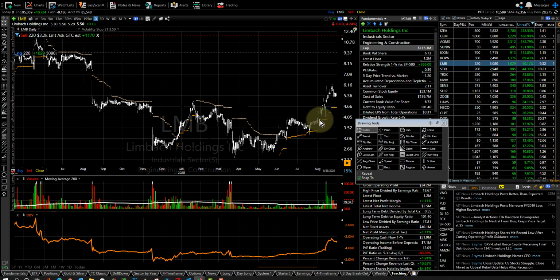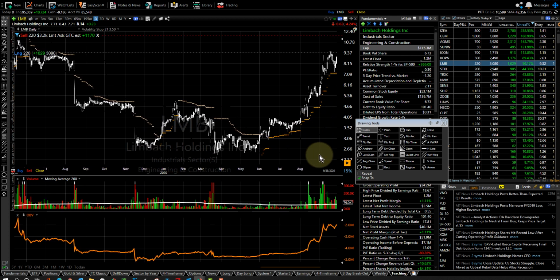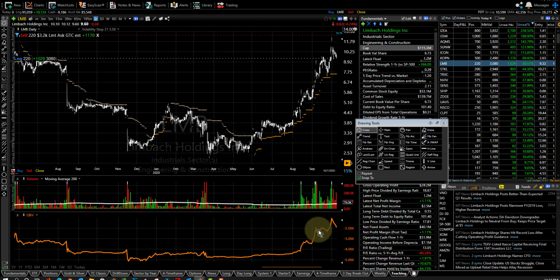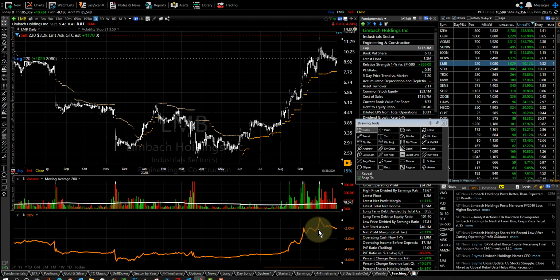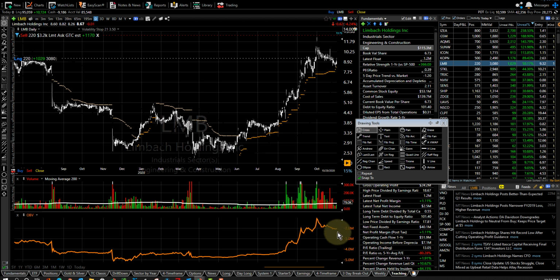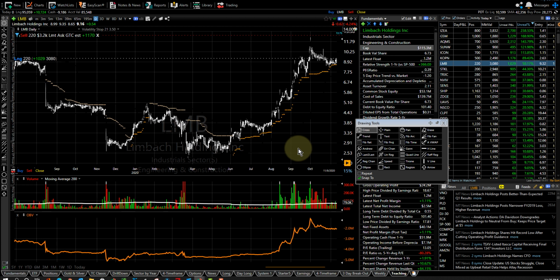If you'd have bought this breakout here, you could have caught this run up, and you see the on-balance volume line is going right along with it. And then in this area it starts to fall, and that's an indication that the stock is getting weaker and that there's less accumulating going on.